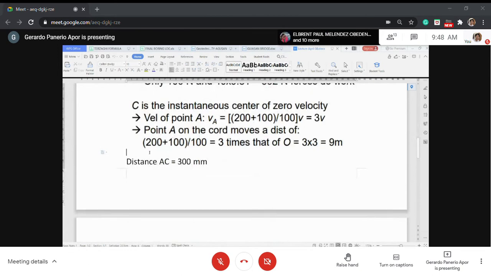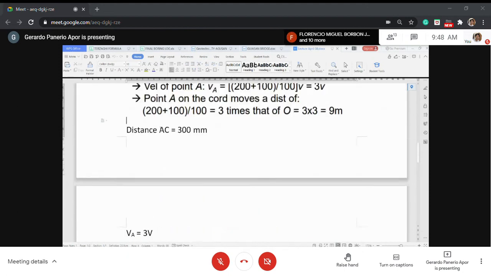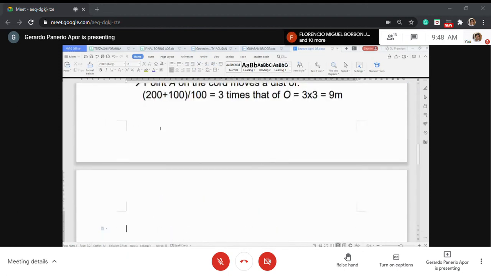So I will write it here. Given: O travels 3 meters parallel to the incline.